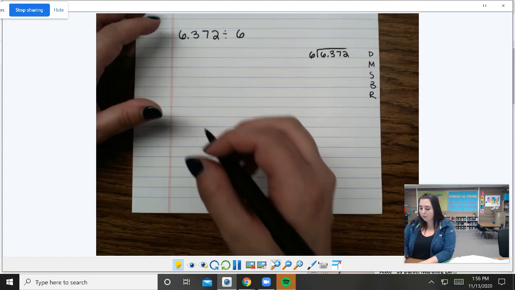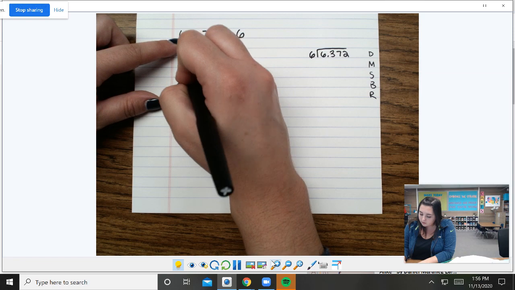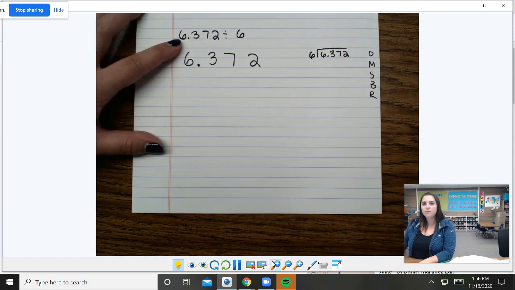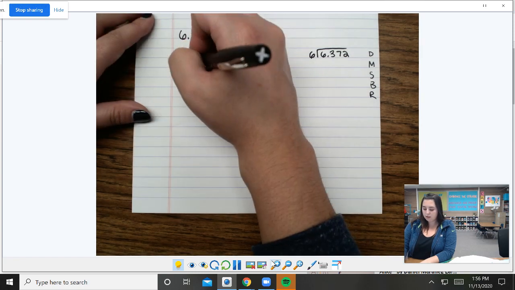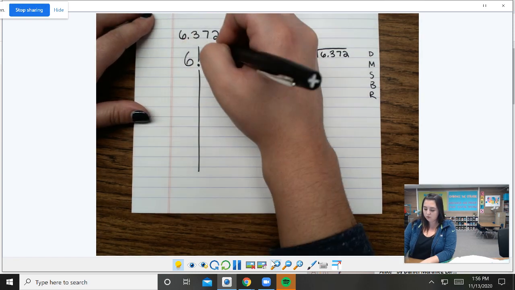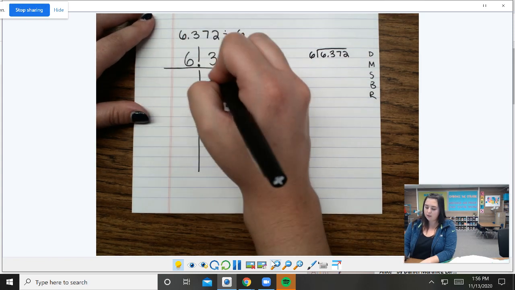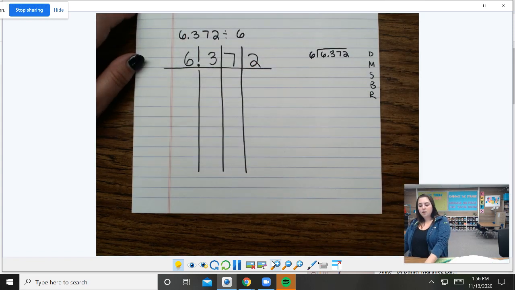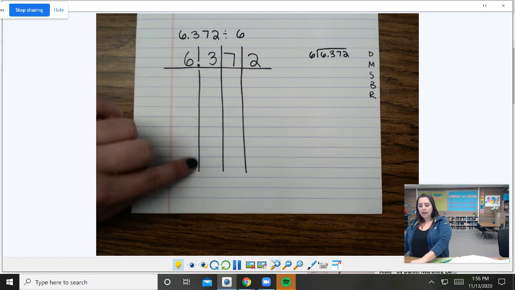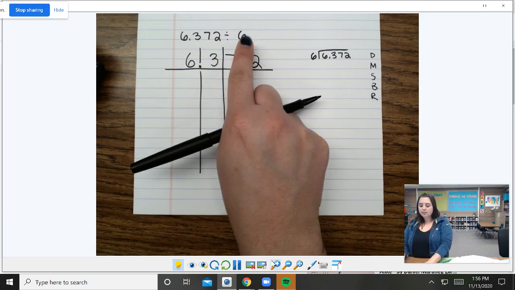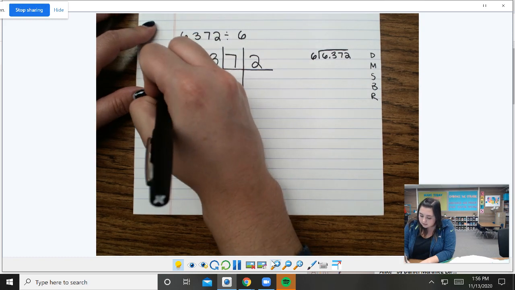And then let's set up our place value chart. So I'm going to write my number, 372. And then I'm going to draw a line in between each of these numbers. And then a line underneath. How many groups do we need to have down below? 6. We're dividing into 6 groups. I need 6 spaces.